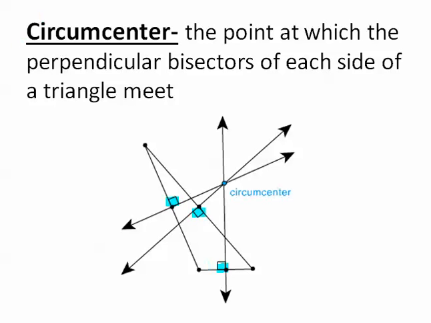Perpendicular means that it goes up and down, 90 degrees. So that's a 90-degree line drawn in accordance with the line right here. When you draw all of those perpendicular bisectors, the point at which they cross, and usually they're going to be outside, sometimes they'll meet inside, but sometimes they're going to meet outside, that right there is called the circumcenter.